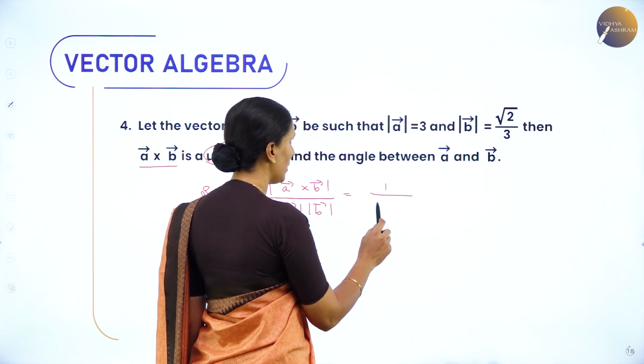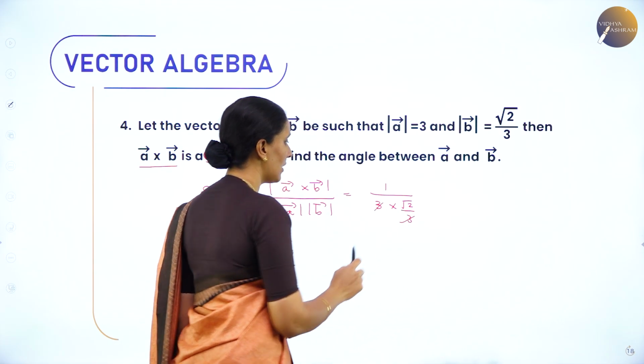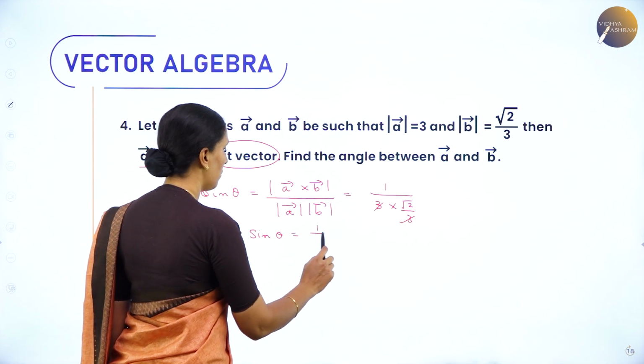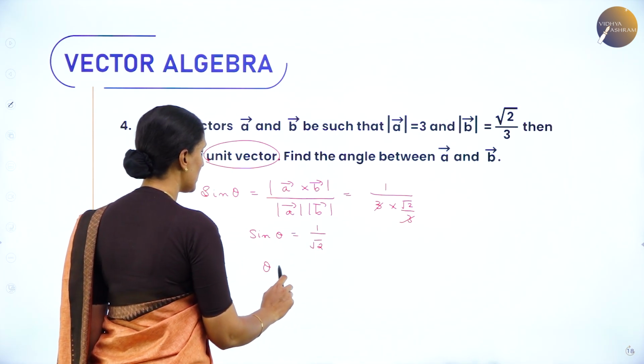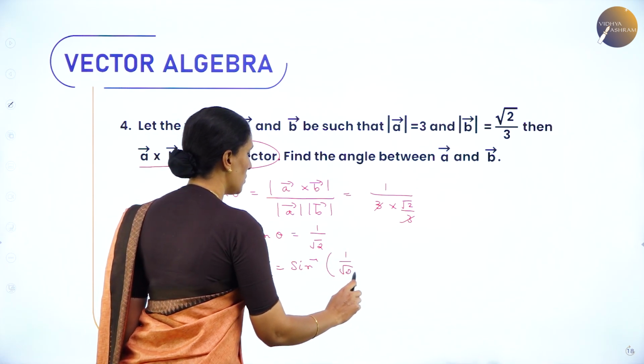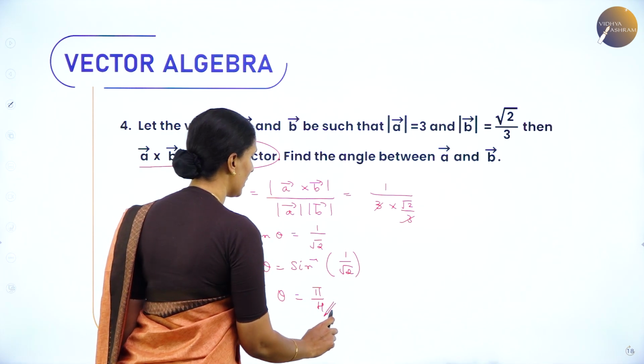So the denominator is 3 into root 2 by 3. The 3 gets cancelled. We have sine theta is equal to 1 by root 2, or theta is equal to sine inverse of 1 by root 2, which is pi by 4, that is 45 degrees.